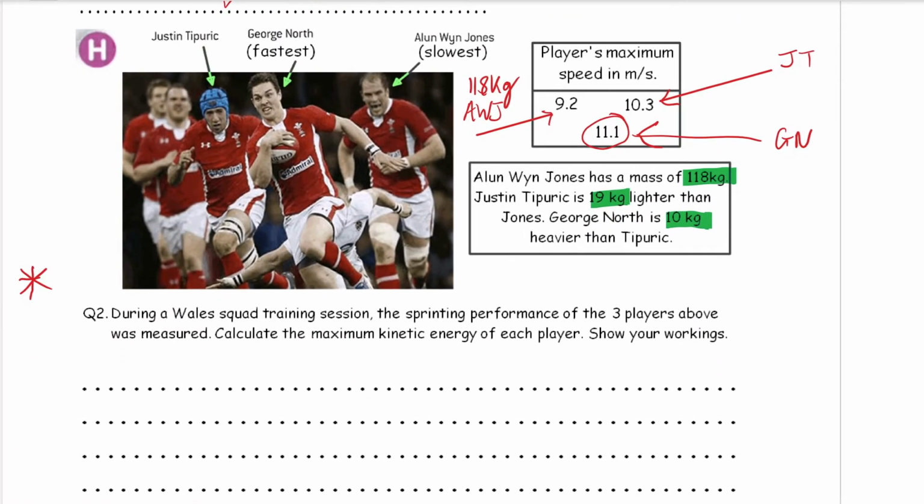Right, Tipperick is 19 kilograms lighter than Alan Wynne-Jones. So that's going to be 99 kilograms. And George North is 10 kilograms heavier than Tipperick, 109.